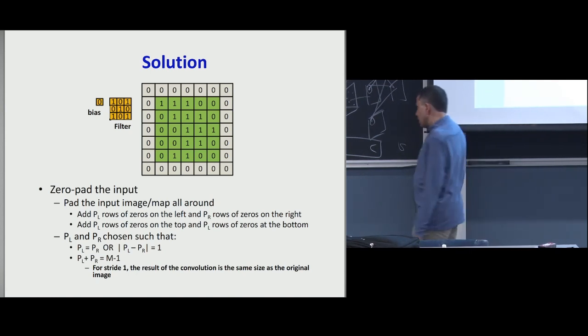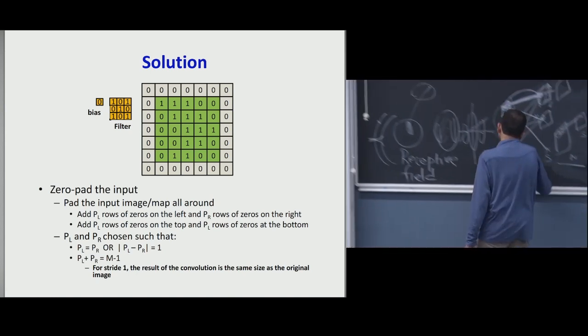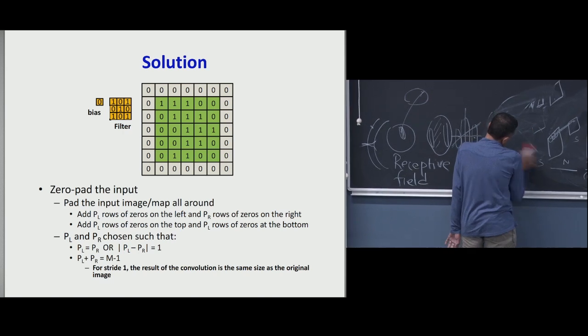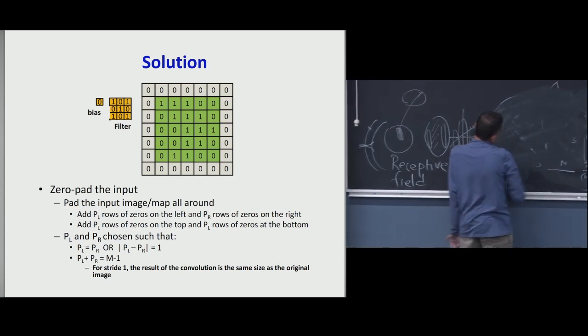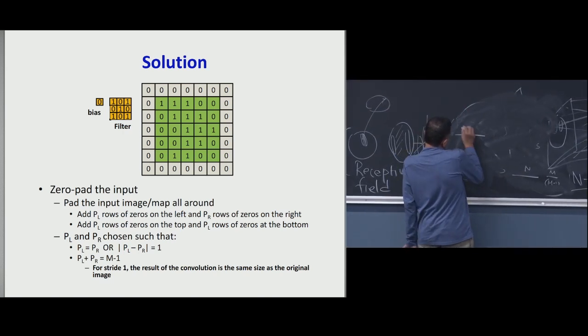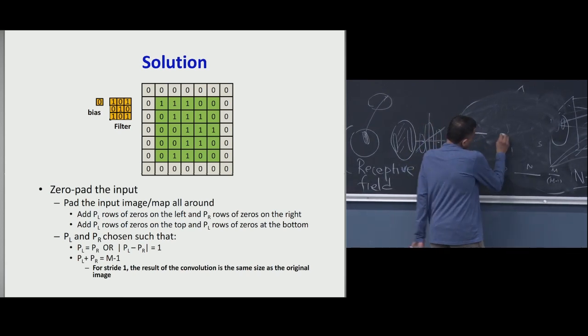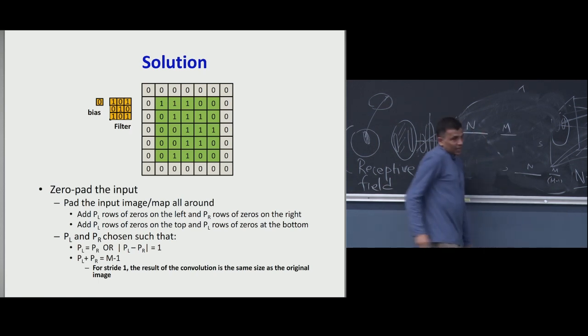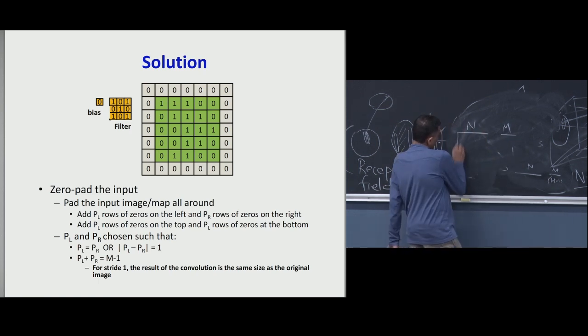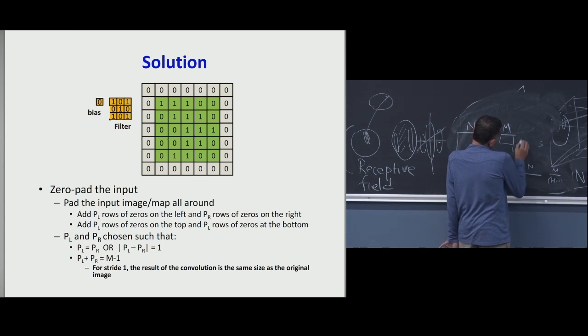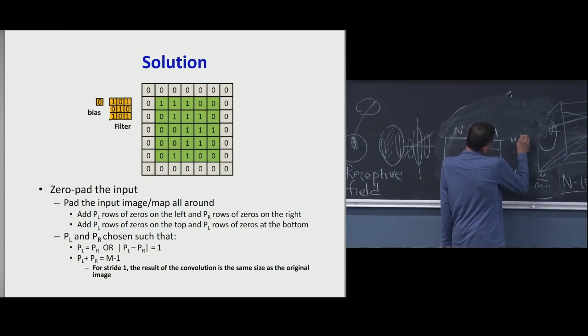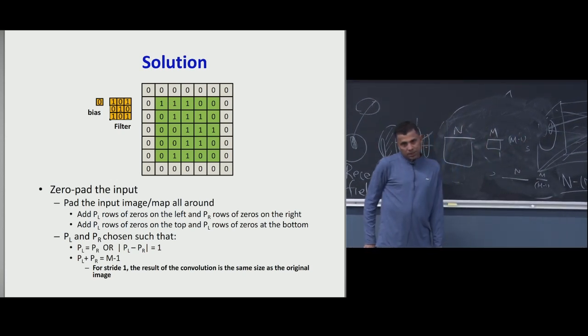So now, if I have an image of size n in each dimension, and my filter is size m in each dimension, then I'm going to lose m minus 1 rows and m minus 1 columns.